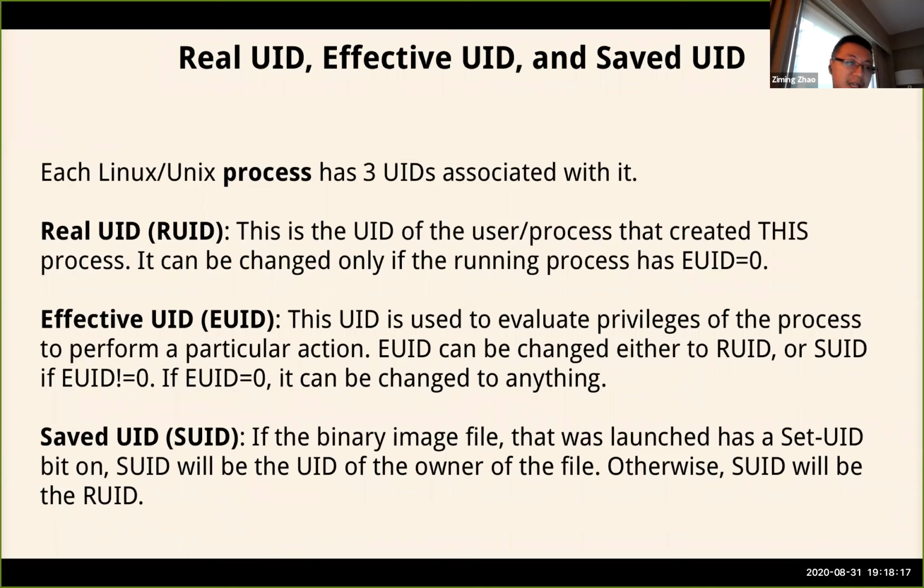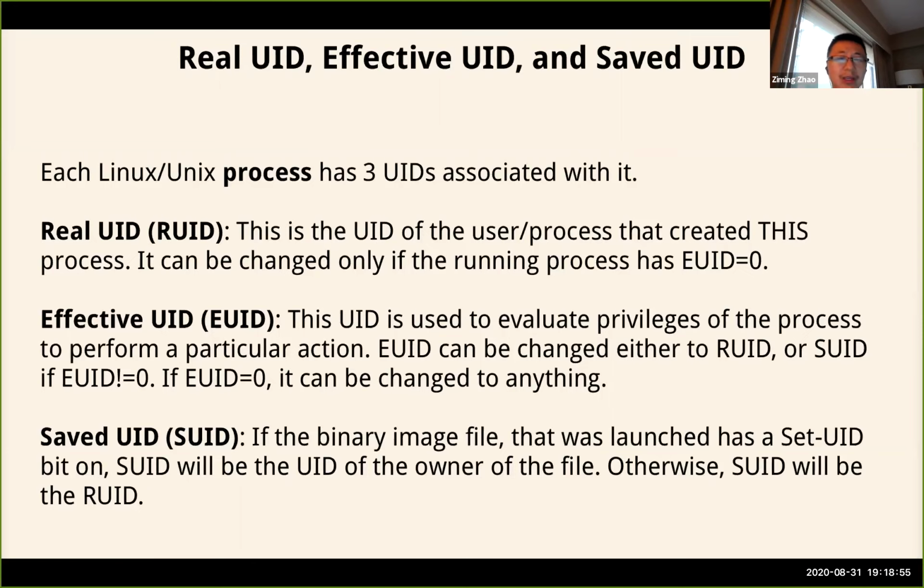However, a process may also have many other IDs, and they are related to security. Especially there are three UIDs. There are also GIDs, but for this class, let's focus on the UID to keep things simpler. The UIDs are used to specify who created this process and for other purposes. The first one is called the real UID, or RUID.